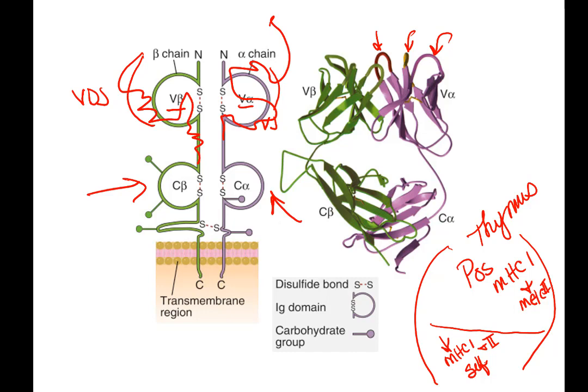If we have self-reactive T cells out there, then we are going to have an autoreactive immune response, and we're going to have disease. We're going to have problems. Does that make sense? Okay, we're going to talk about what that transcription factor is later on in the chapter, but this is where negative selection occurs, and this is where we make sure we don't react to self. Okay, does that make sense?